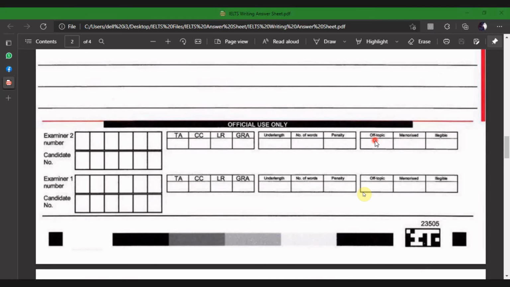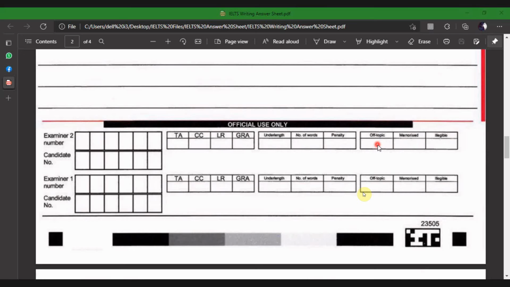Basically, if the examiners or even me think that your writing went off topic, they're going to give you a penalty, which you do not want, right? You can prevent writing off topic as long as you brainstorm carefully and determine the task at hand.